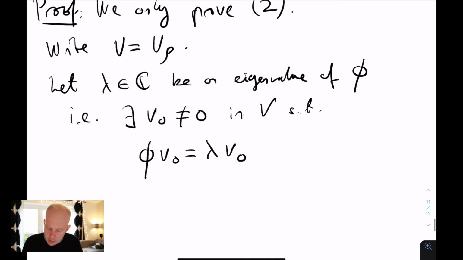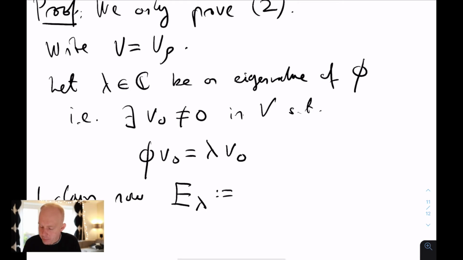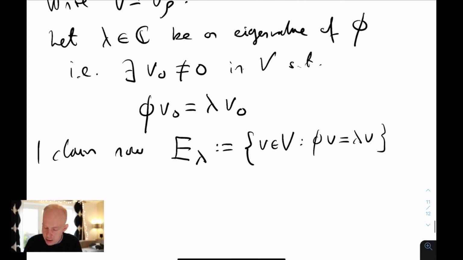And what I claim now is that this eigenspace, which I call E lambda, is all the vectors v in V such that phi v is equal to lambda v, and it is rho invariant.